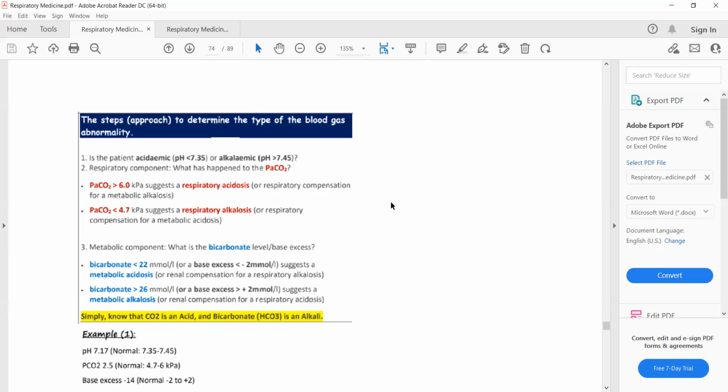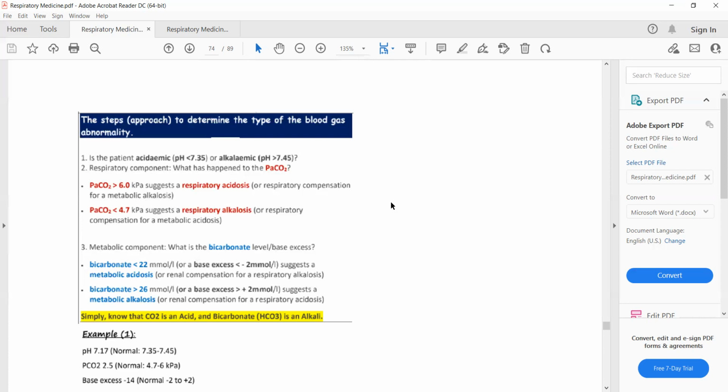So first step is to determine the pH. Second step is the respiratory component. Third step is to look at the metabolic component, that is bicarbonate ion. The normal level of bicarbonate ions is between 22 to 26. Low bicarbonate means high acidity, because bicarbonate ions are alkali, so low alkali means high acid.